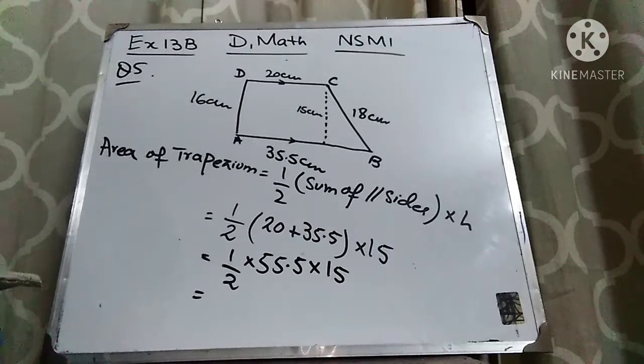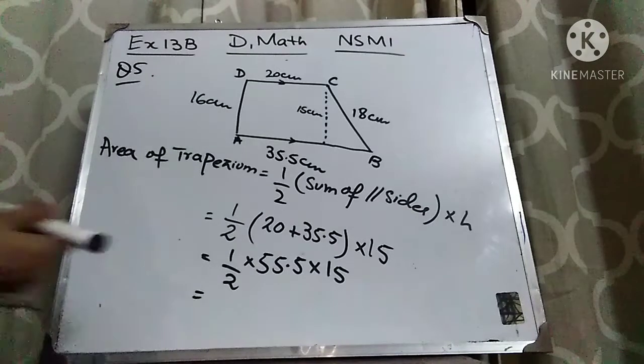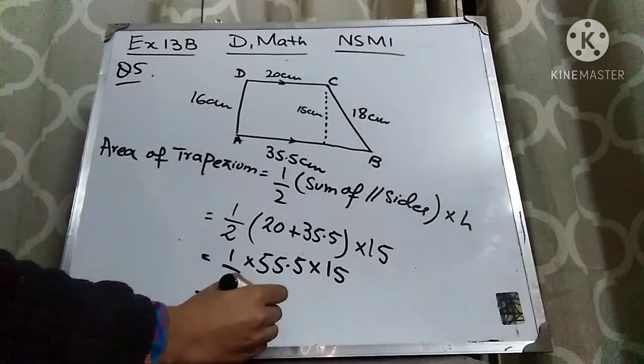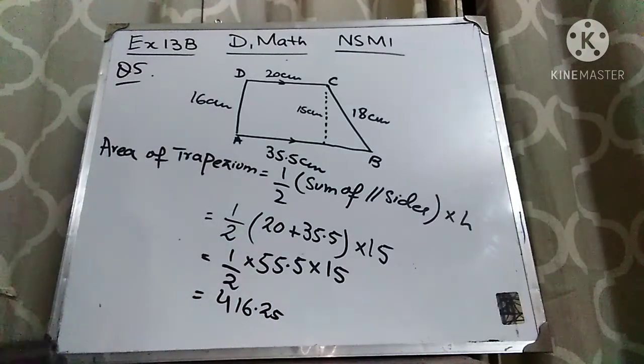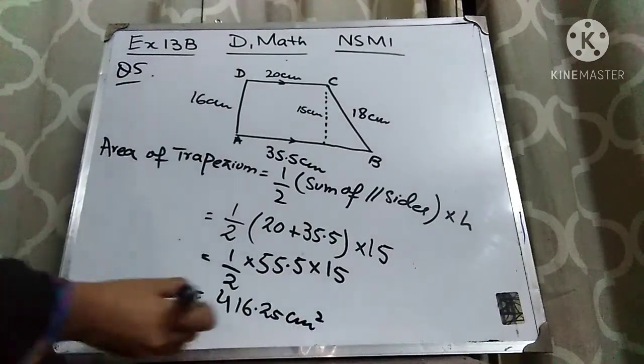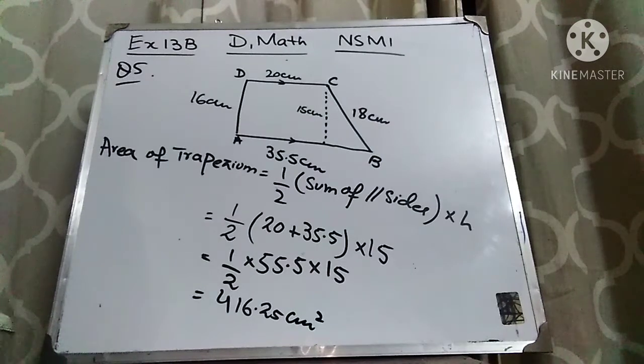So I will get 832.5, and when I divide 832.5 by 2, I will get 416.25 centimeter square. Okay, let me see the answer in your book, because you also texted me that in my book the answer is this and you have found this answer. Okay, this is the same answer which is in your book. So 416.25 centimeter square is the required area of the trapezium.